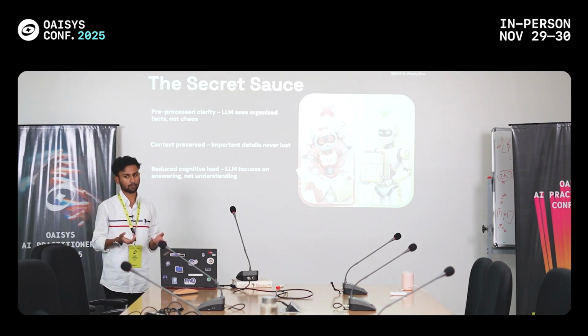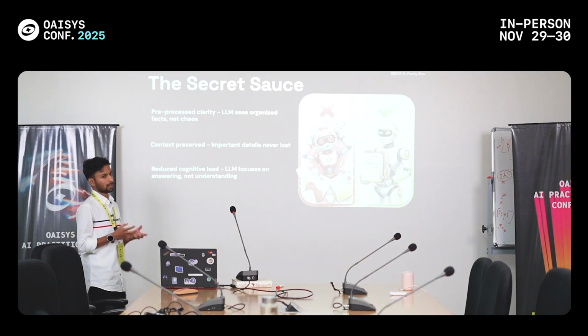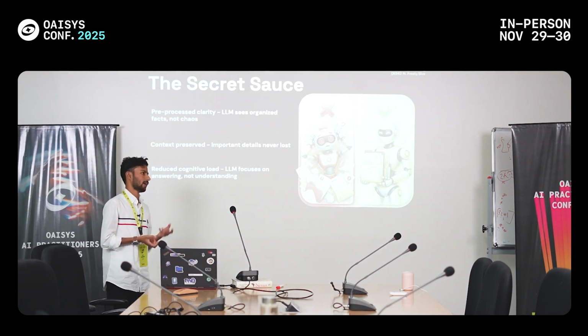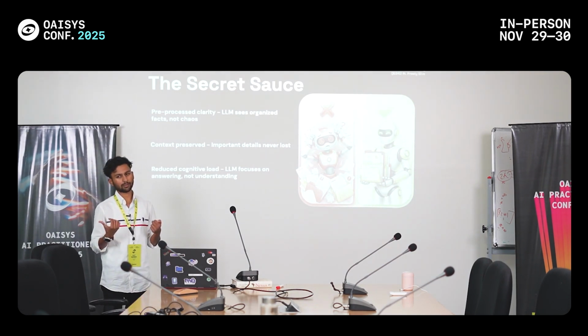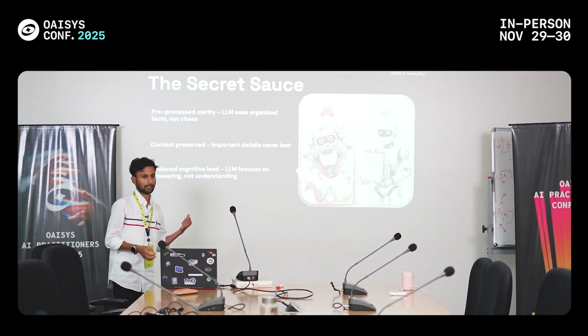You get the exact context that you were looking for. And the third is, as I spoke about, the reduced cognitive load. So the LLM just focuses on answering the question rather than understanding that this is the chunk I took from this document and this was the user's question. You basically look at the data and you have to answer it. There is no cognitive load on the language model.